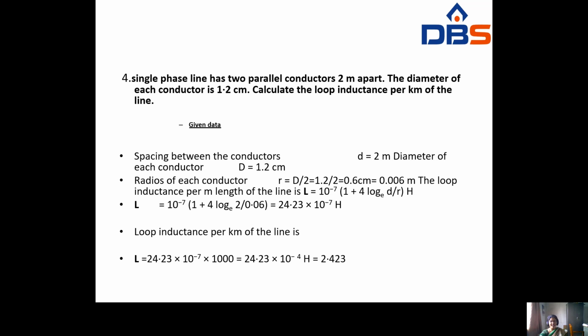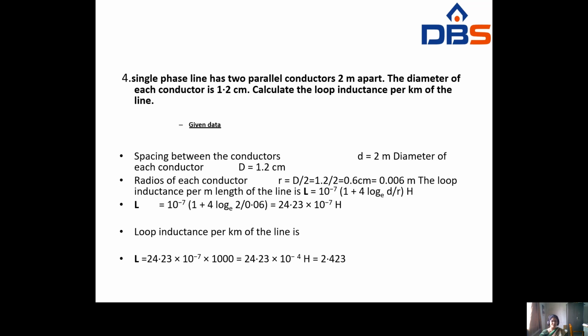So to find the radius, the radius of each conductor is given by r equal to d by 2, so 1.2 by 2, which gives 0.6 centimeters. Whenever this is converted into meters, at that time you have to write 0.006 meters.